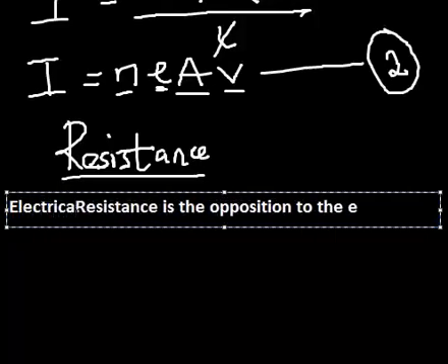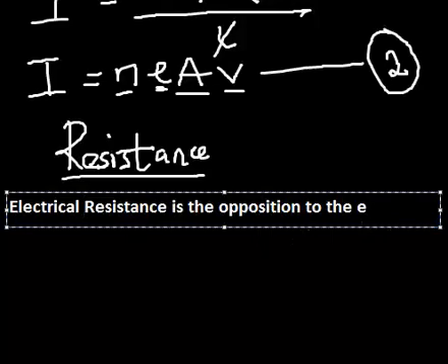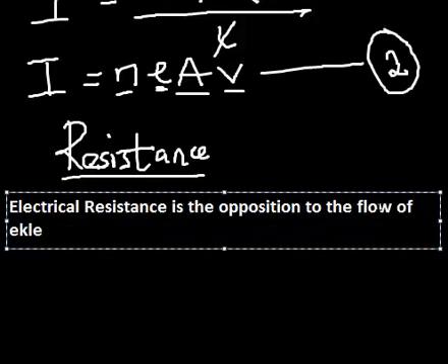When someone asks what is resistance, the question is what type of resistance? It is electrical resistance. So electrical resistance is the opposition to the flow of electrical current. Take note of that.